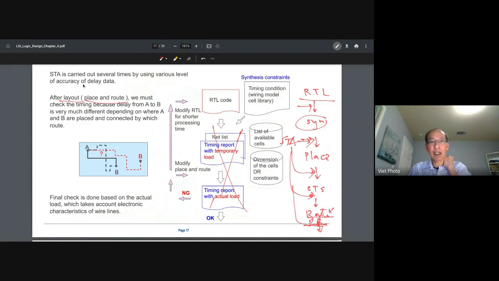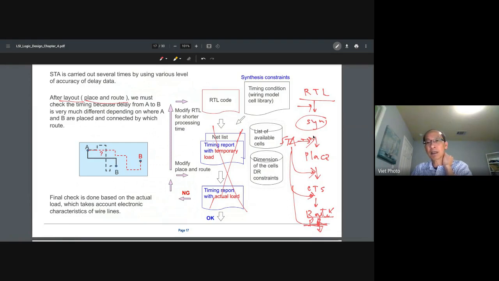STA is carried out several times at various levels. From RTL to route and post route, we go through synthesis, placement, CTS, and then route and post route. After each step, we need to do STA to see if the timing meets our requirement.